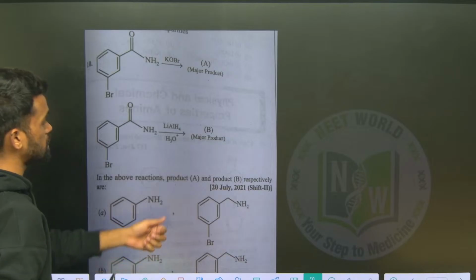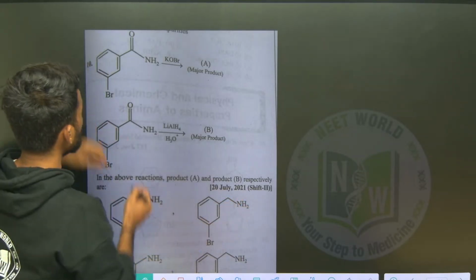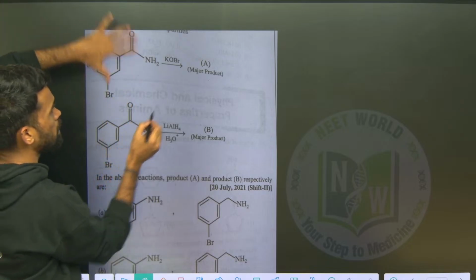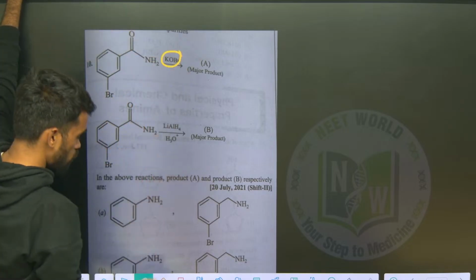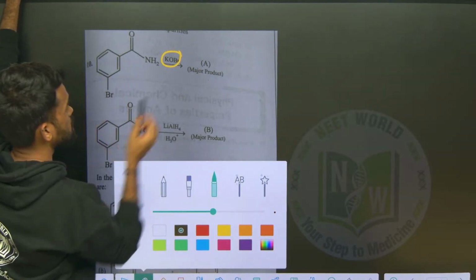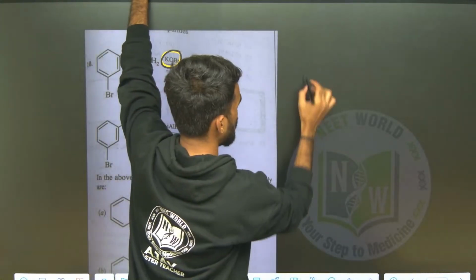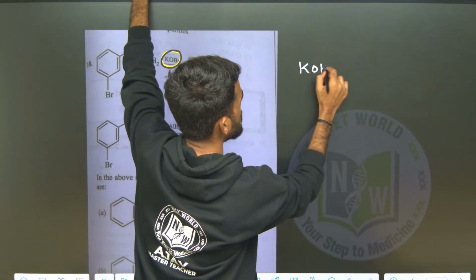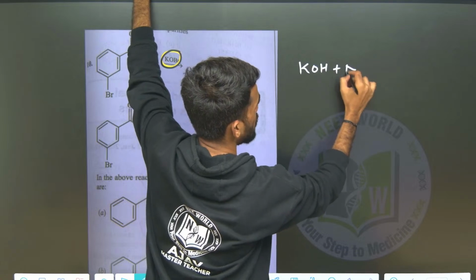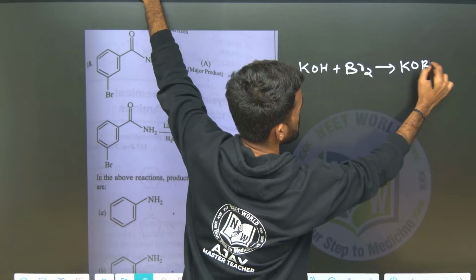First reaction. This is a JEE Mains 2021 paper. The question says here we have an amide. They are treating this with KOBr. So what is this KOBr? When KOH is treated with Br2, we will have KOBr, something like this.